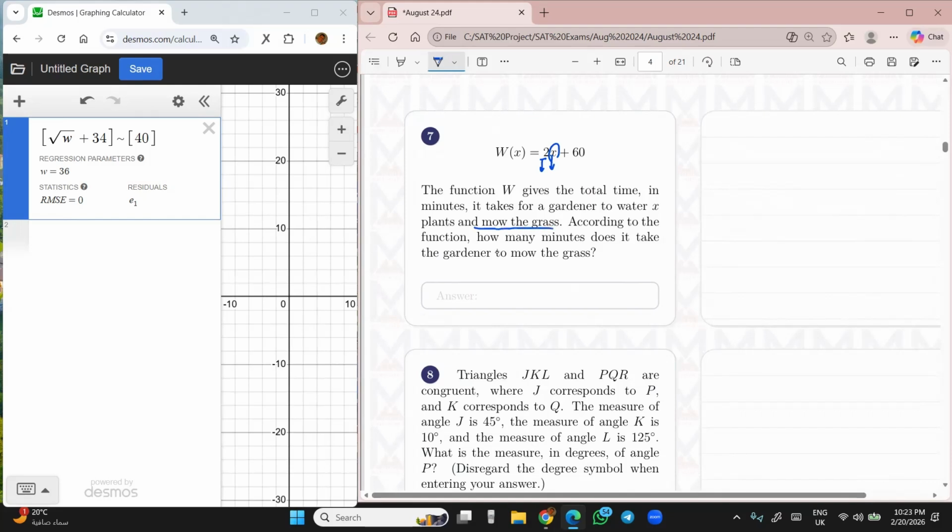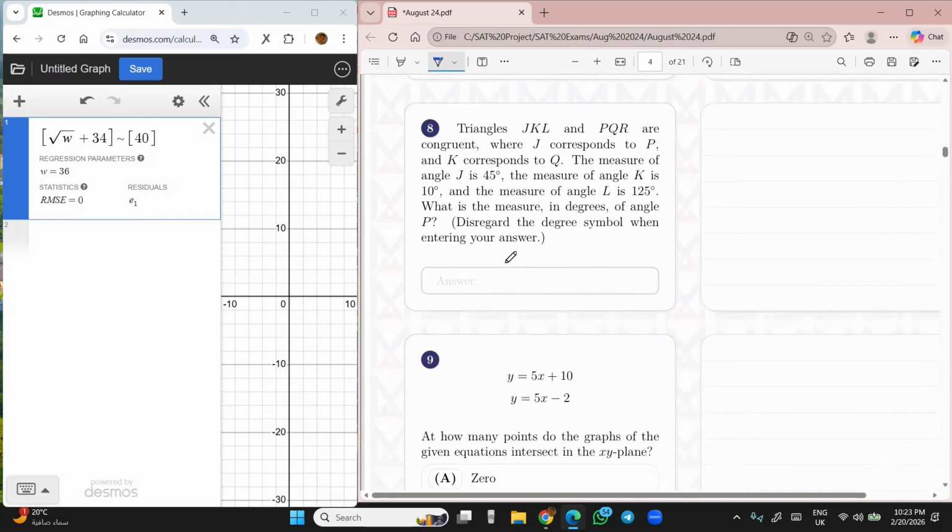According to the function, how many minutes does it take the gardener to mow the grass? Of course, this is 2x, and x is the plants, so this is talking about the plants. So this is the grass. So to mow the grass, it should be considered 60. So 60 minutes to mow the grass, and 2 minutes to water each plant, which is x. The question asks about the grass, so this is only 60.